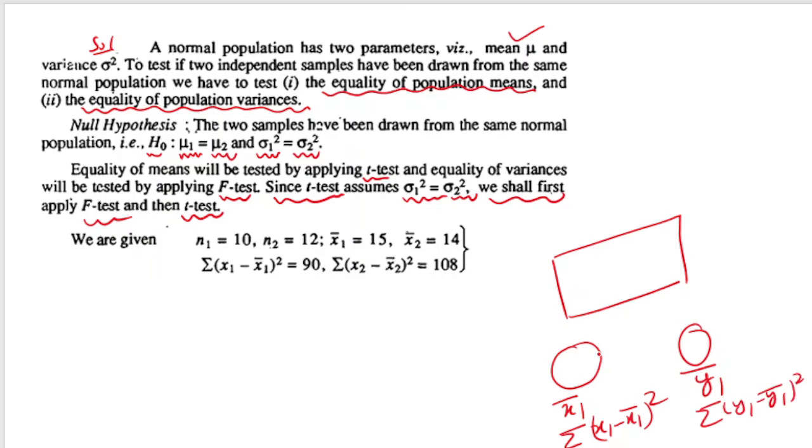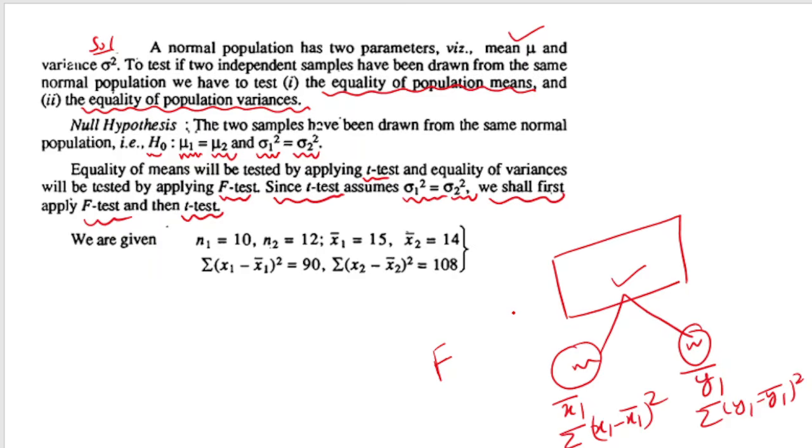Now we have to test whether these two samples have been drawn from the same normal population. So first we are going to apply the F test to test whether the variances from this sample and this sample are the same, right? Once the F test is accepted, meaning once we prove that the variances of the first sample and second sample are the same, then we will test whether the means are also the same.